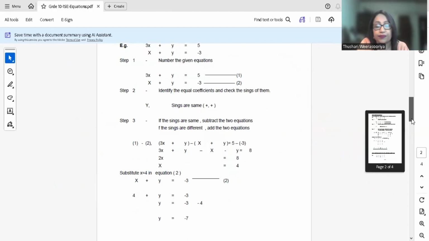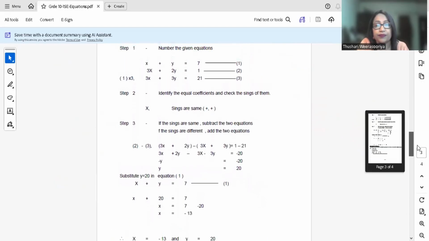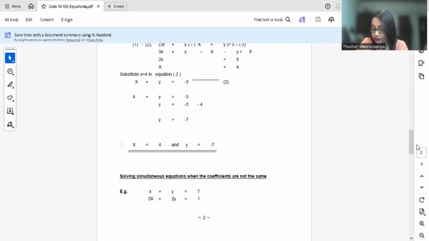Grade 10 simultaneous equations. I'll take an example. Look at this. x plus y equals 7. 3x plus 2y equals 1.